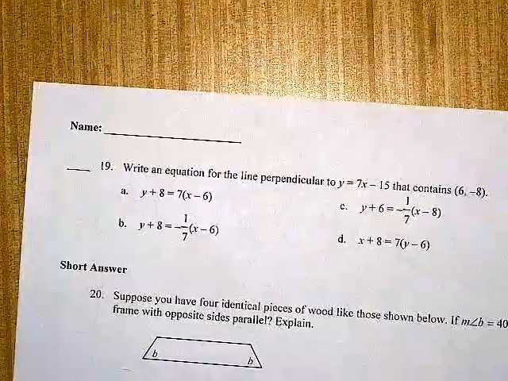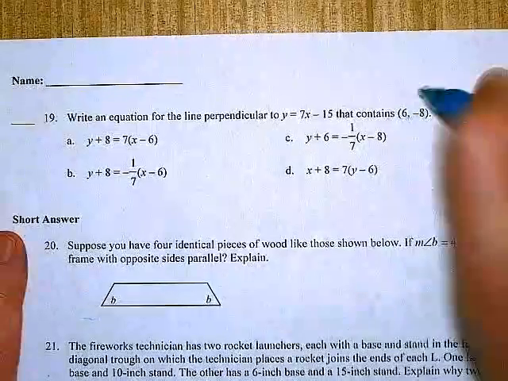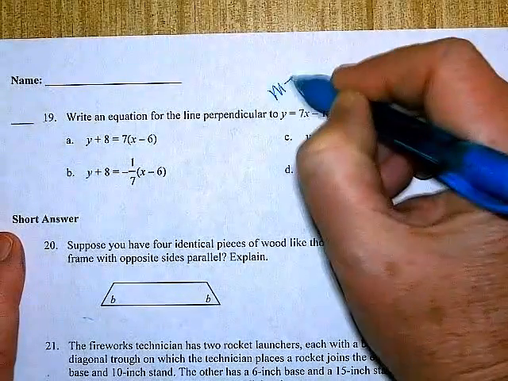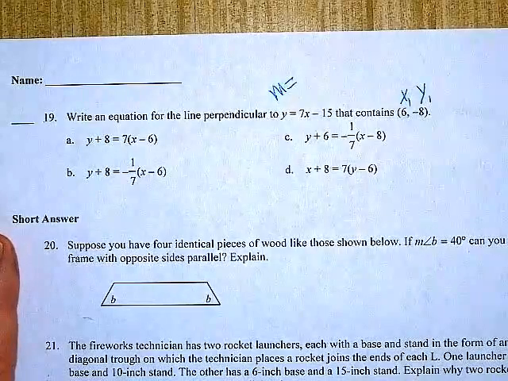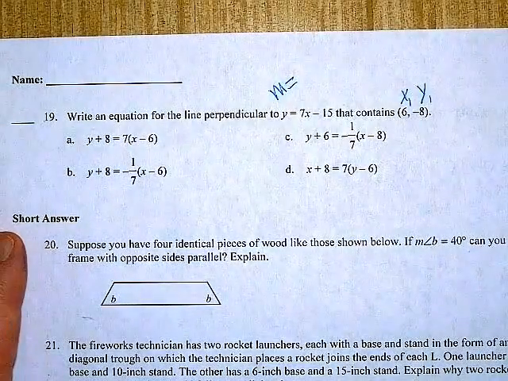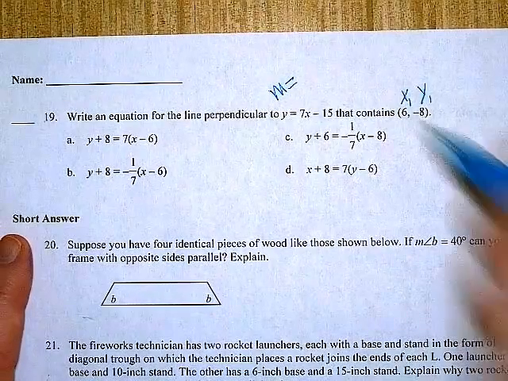19. Write an equation for a line perpendicular to this line. There's your x sub 1, there's your y sub 1. What's the slope of the line they gave you? 7.